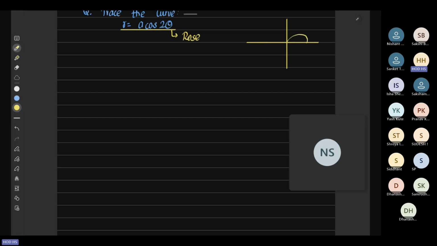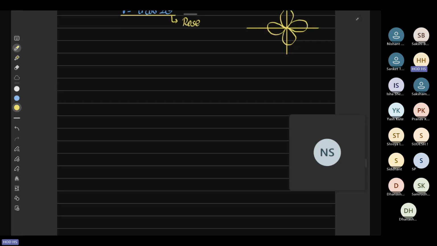So the approximate shape for this curve will be something like this one. So we got some idea about our curve, and we'll start discussing the curve from scratch.